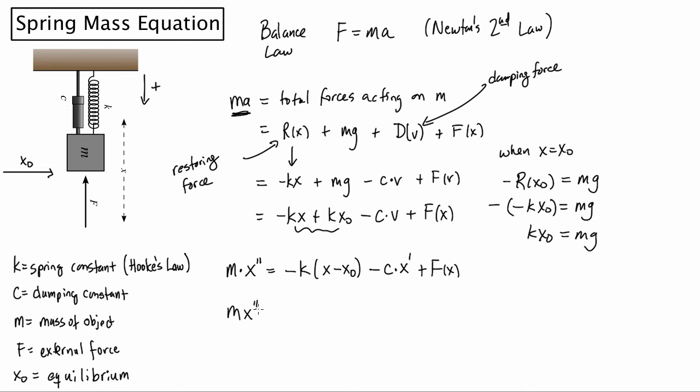So sort of putting everything together here, I have m x double prime plus c x prime plus k times x minus x naught equal f of x.